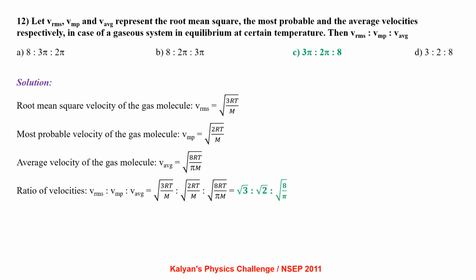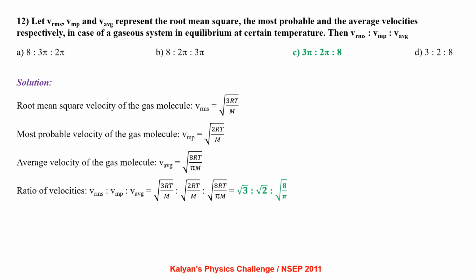Let V_rms, V_mp and V_avg represent the root mean square, the most probable and average velocities respectively in case of a gaseous system in equilibrium at certain temperature. Then V_rms is to V most probable is to V average is?